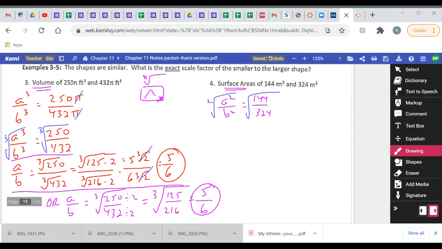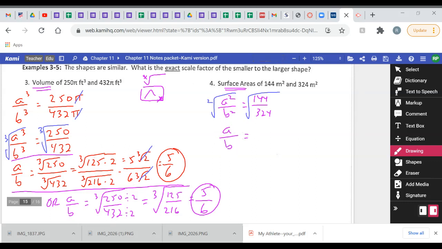If you just see the radical, you automatically assume it's a square root. So not necessary to write the 2. But if it's any other root, to the third or fourth root or a cube root, then you would write the number. So the square root of a squared over b squared is a over b.